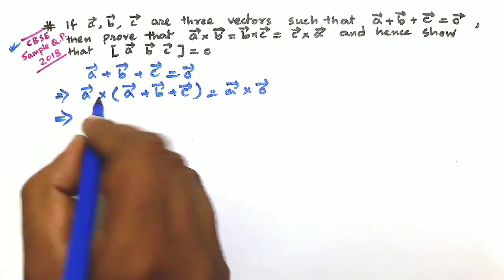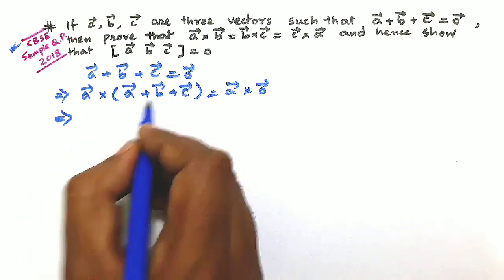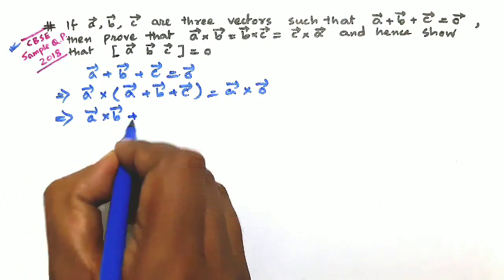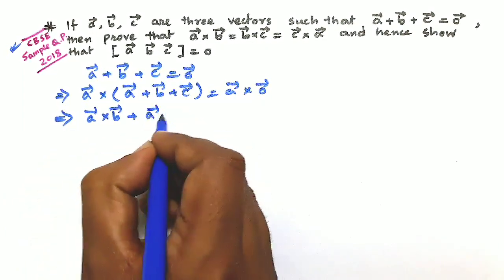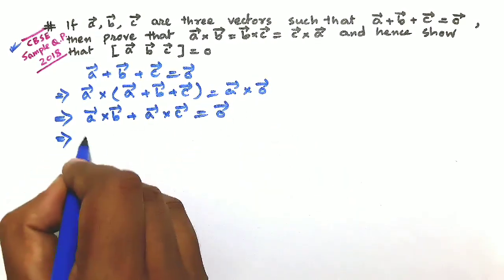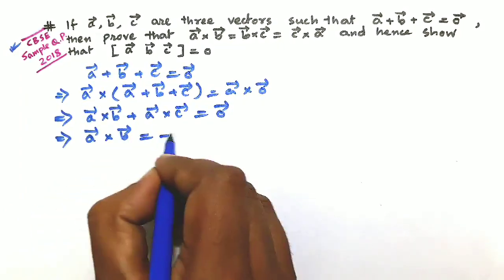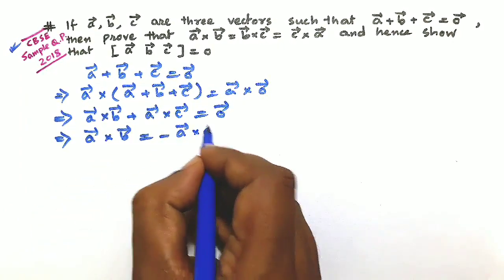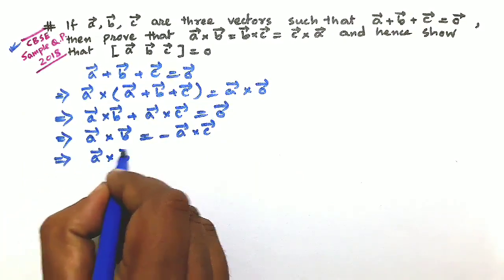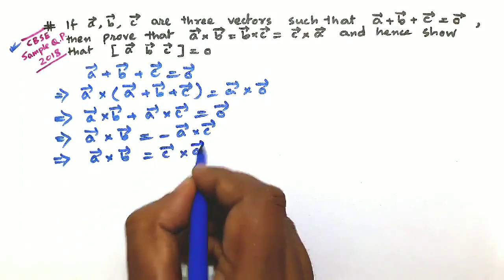Okay, so we know that a vector cross a vector is equal to 0 vector. So the other vectors will be taken: a vector cross b vector plus a vector cross c vector is equal to 0 vector. It implies that a vector cross b vector is equal to minus a vector cross c vector, so that getting a vector cross b vector is equal to c vector cross a vector.